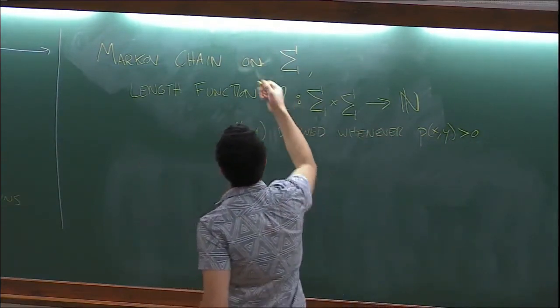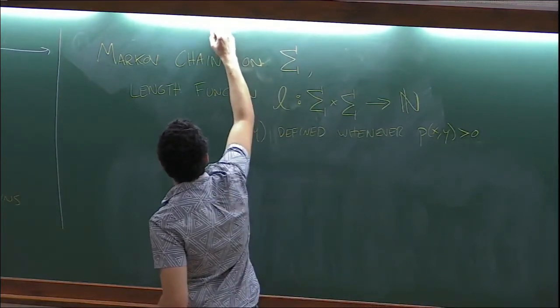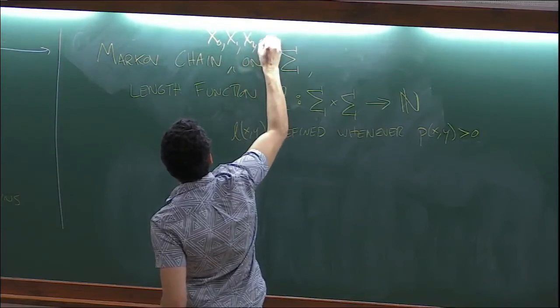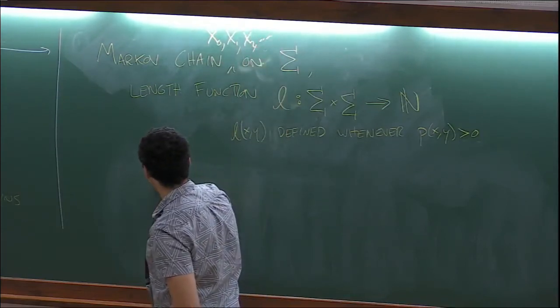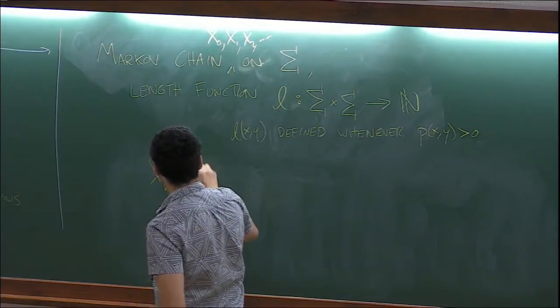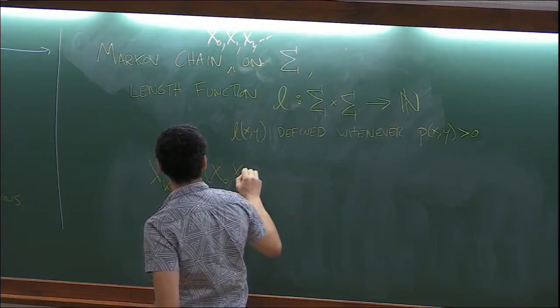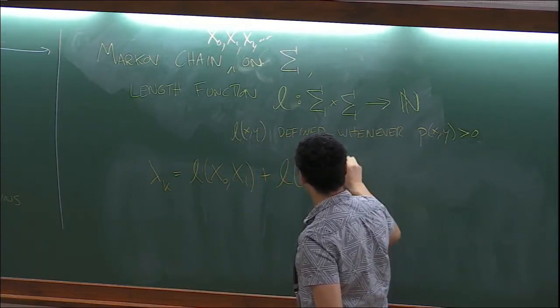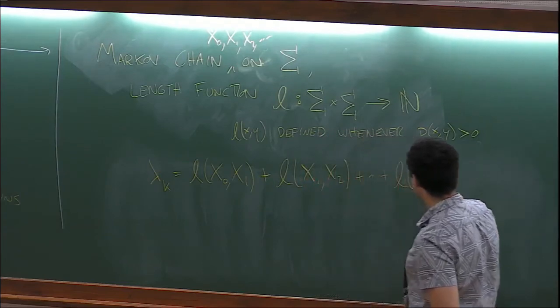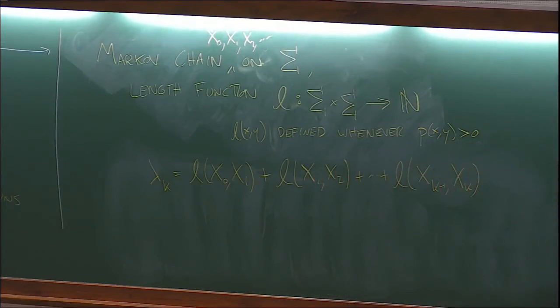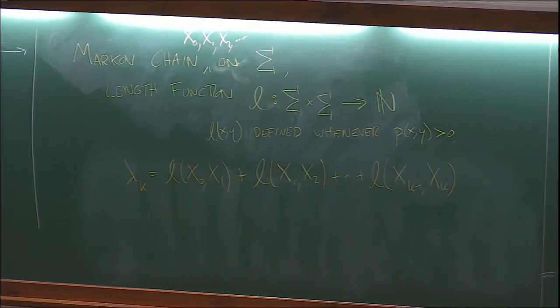So let's say your Markov chain is xn, and you can track this random quantity, lambda k, the total length traveled in the first k steps, the sum of L of x_{j-1}, x_j. Okay, and then you can imagine you have a finish line.